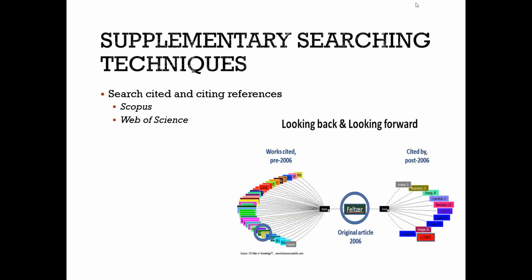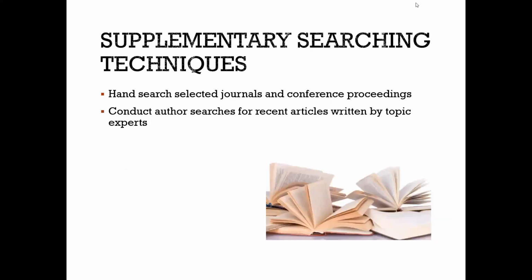Next, supplementary searching techniques, like Scopus, Web of Science. You can also search selected journals and conference proceedings. Sometimes data will be published in conferences, so you will find results.